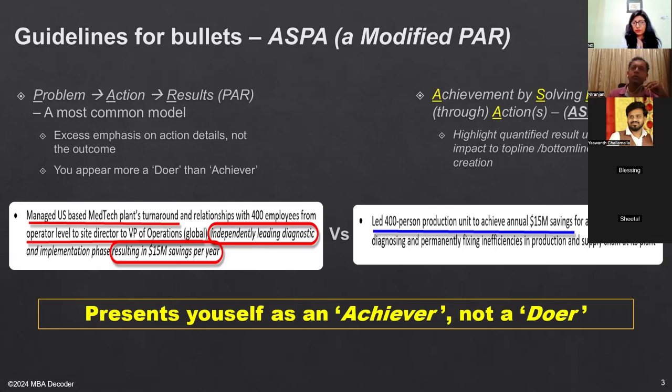So achieved so much revenue upside or achieved so much cost saving, achieved something magnificent that is quantified, by solving some problem, by maybe streamlining some operations or delivering so many projects, through these actions. So maybe by establishing new partnerships or negotiating different contracts, these are the actions.